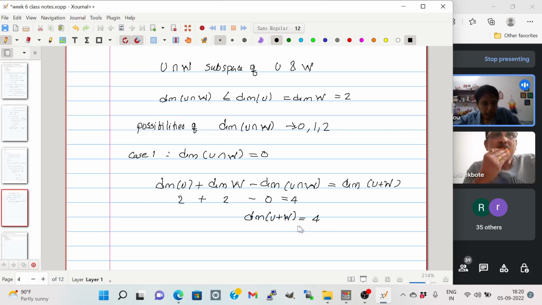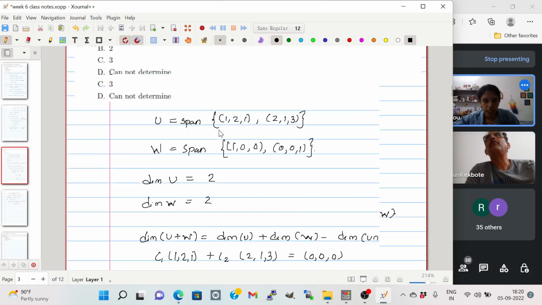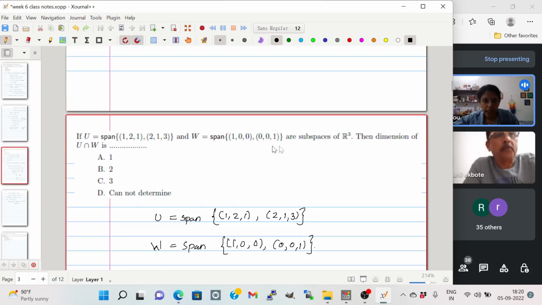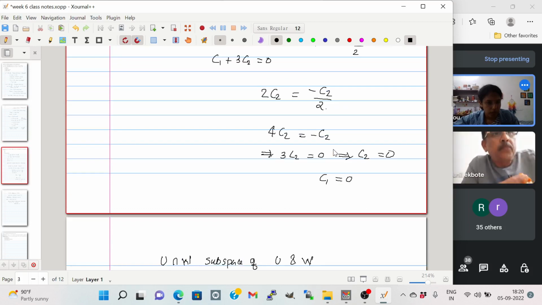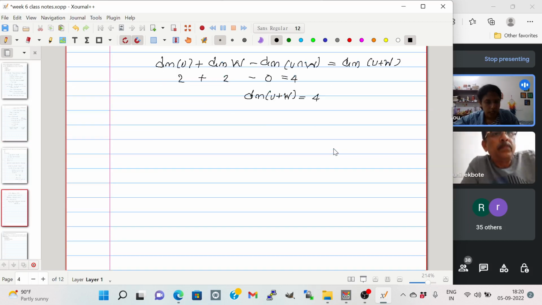Is this condition possible? Can dimension of U plus W equal 4? The question is, here U and W are subspaces of R3, right? U, W are subspaces of R3.